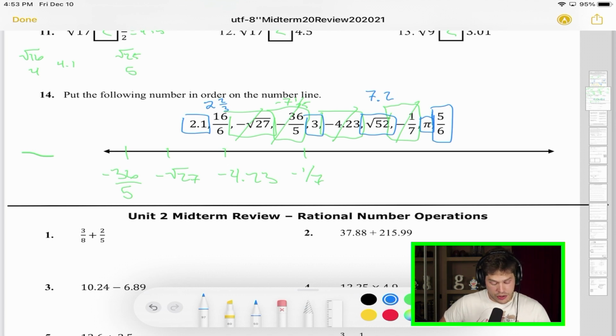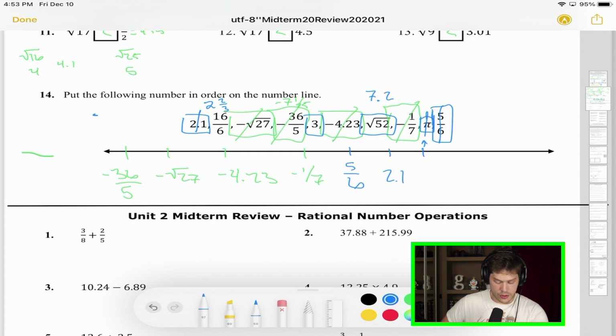So our only fraction is first, that's 5/6. And then do we have anything smaller than pi, 3.14? We have this 2.1. And then we have pi. Oh, we have this 2 2/3. That's going to go between the two. Here we'll just erase pi.